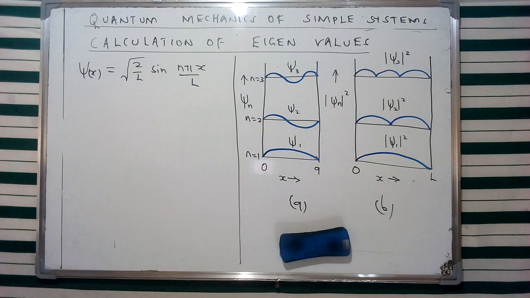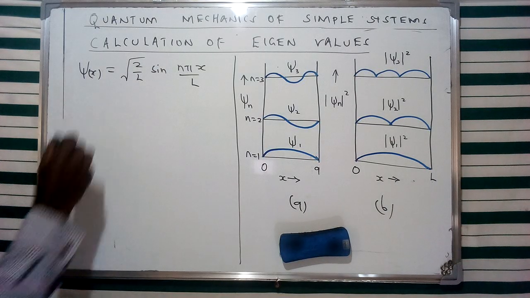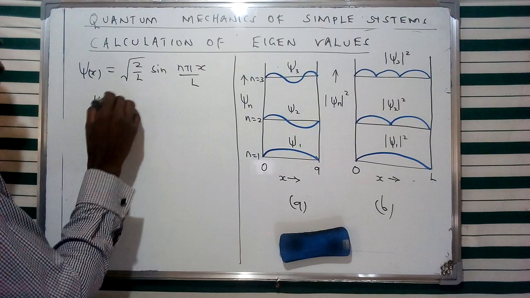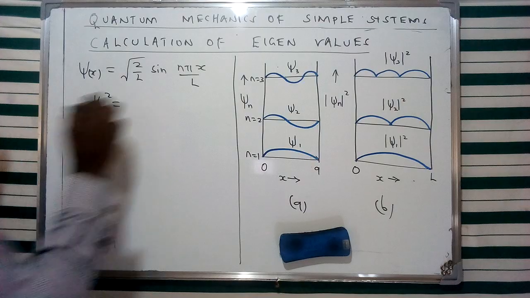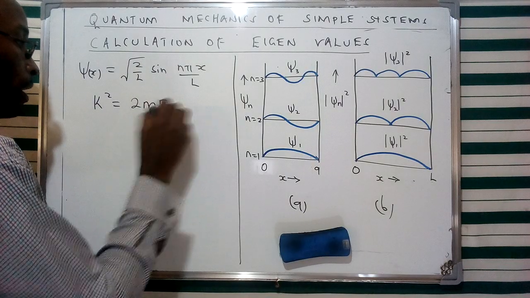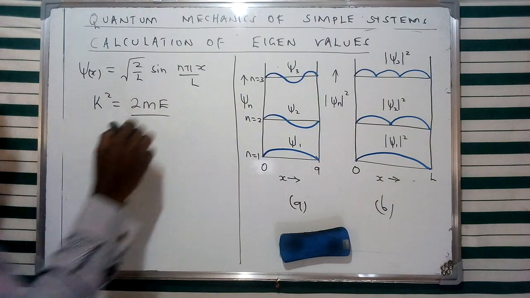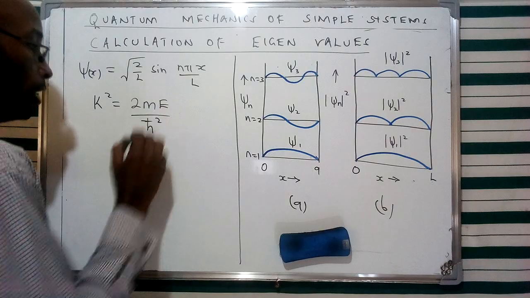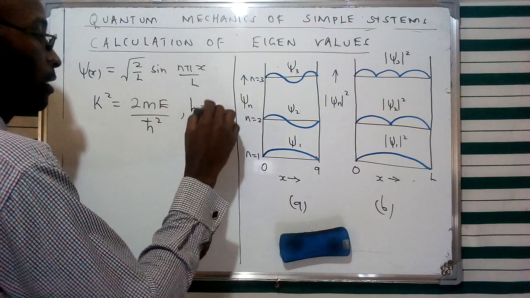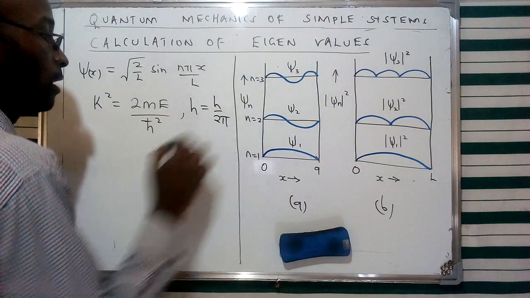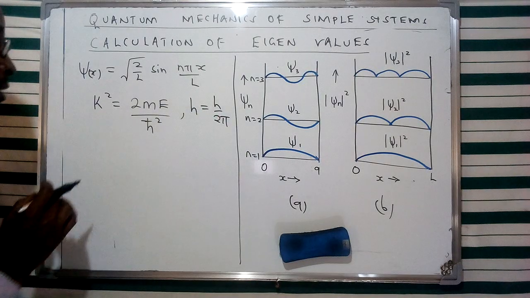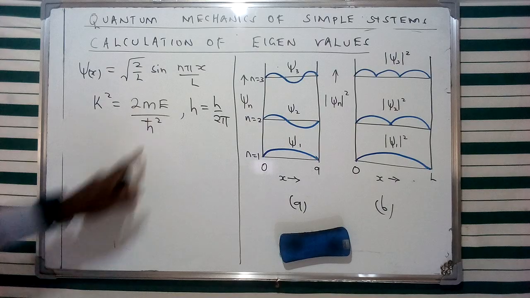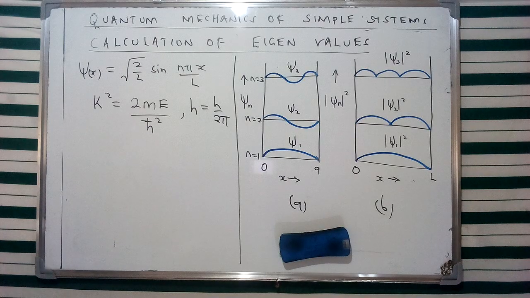And therefore, from this, to find the eigenvalues, we are going to have this value of k, where the square of k from the Schrödinger wave equation is given as a product of 2 m e divided by this particular form h-bar squared. And I've said that this h-bar basically represents h over 2 pi, and therefore the square of this represents h squared over 4 pi squared. And I'm going to use this reduced form in that specific order.